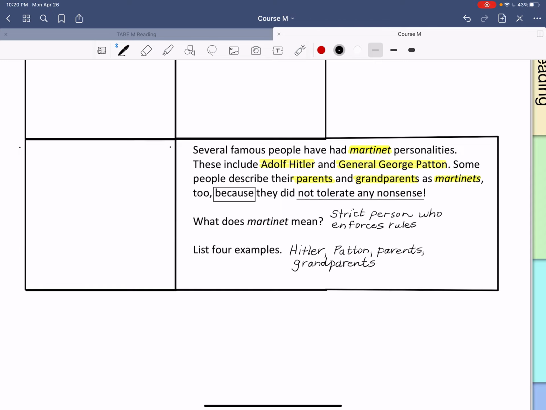You have to really, really, really pay attention. A disciplinarian, an authoritarian, a tyrant, a drill sergeant, a taskmaster. Those are some other words that mean the same. They're synonyms for martinet.